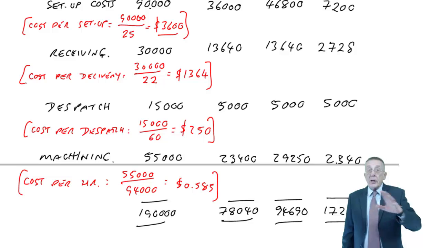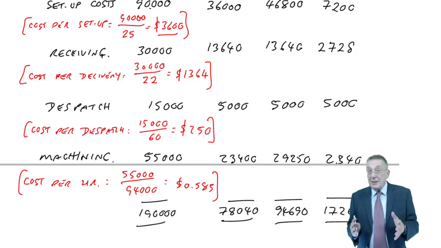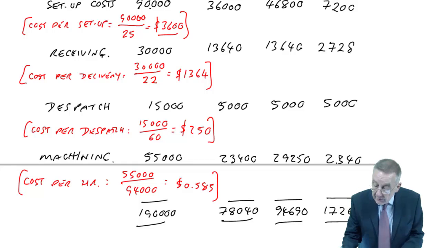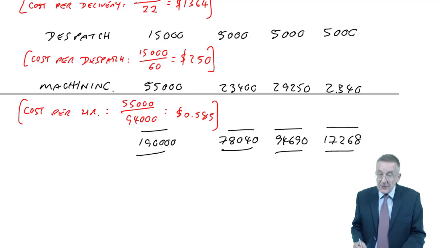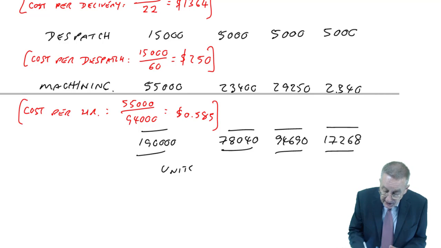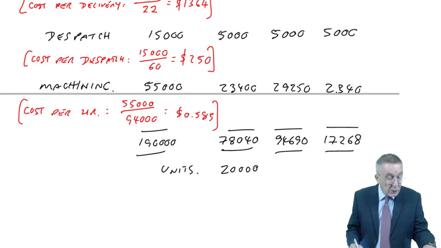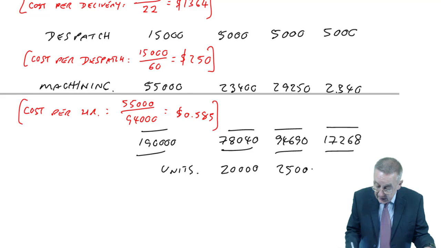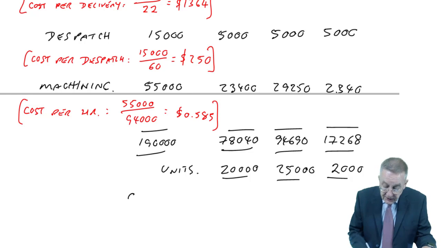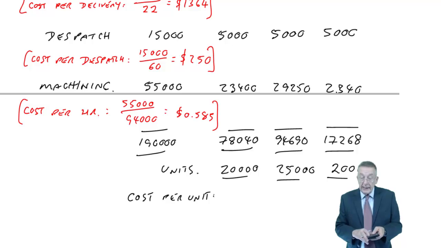But we're not quite there, because remember, on the cost cards, I want the overhead cost per unit. And so the final step in our workings, we know the total cost for each. How many units are we making of each? A, if you look back at the question, was 20,000 units, B 25,000, and C 2,000. And so the overhead cost per unit, we simply divide.